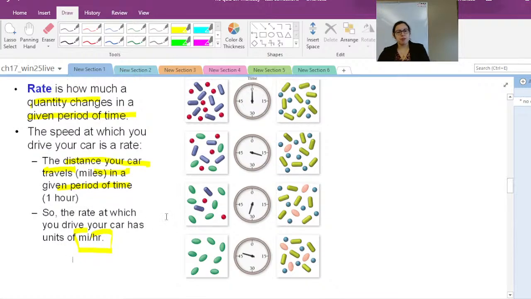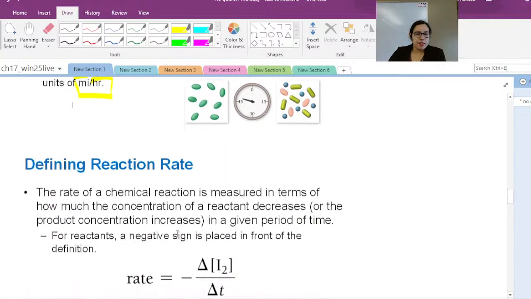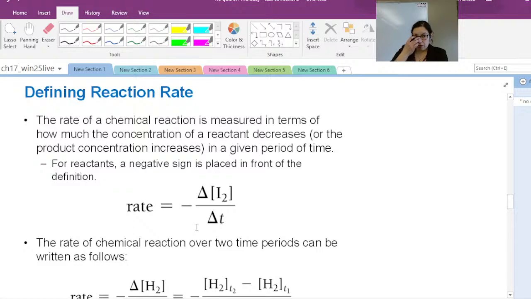Similarly, we can look at some molarity. So then we have our rate here. The rate of a chemical reaction is measured in terms of how much the concentration of a reactant decreases, or again, we could also measure how much the product concentration increases in a given period of time.